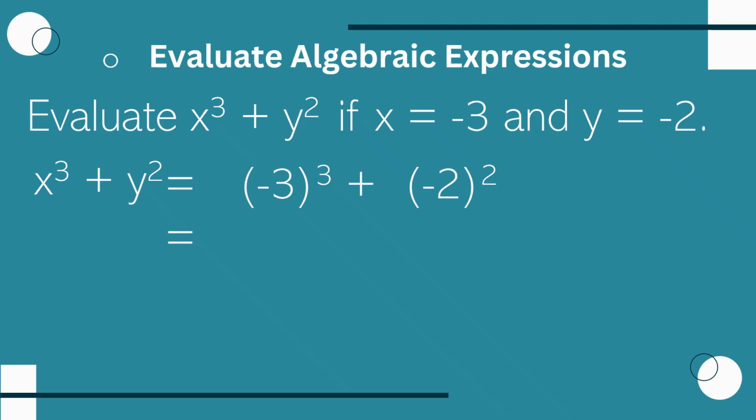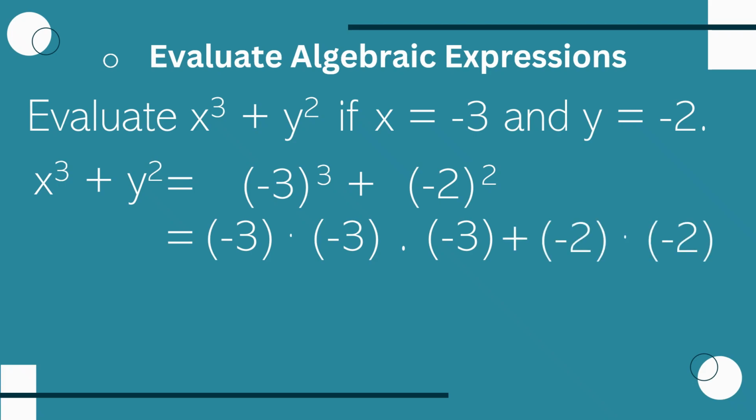So let's make these powers into numerical products. So we have the quantity negative 3 raised to the exponent of 3. This is equal to the quantity of negative 3 times the quantity of negative 3 times the quantity of negative 3 plus the quantity of negative 2 times the quantity of negative 2.